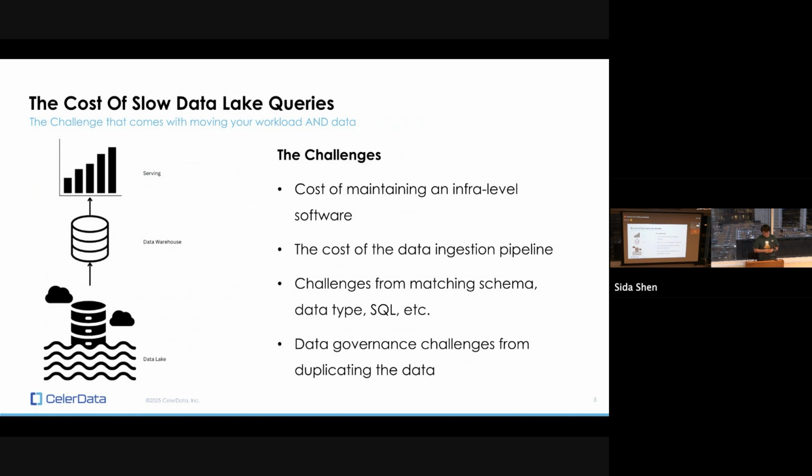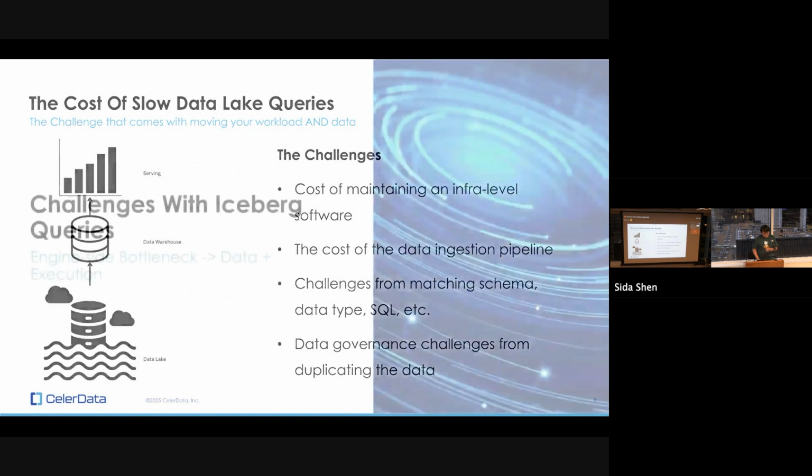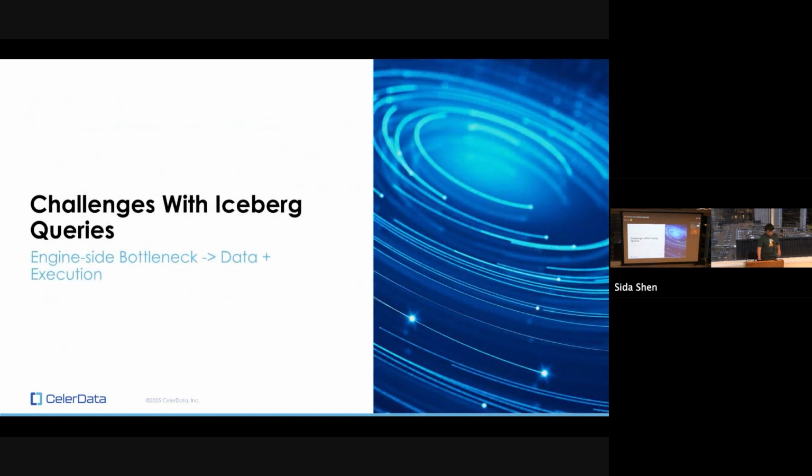That's a lot of work. And most importantly, you're breaking the original Apache Iceberg promise, which is one copy of data. You don't have to manage the same data scattered around in 15 different systems. That's the governance benefit.